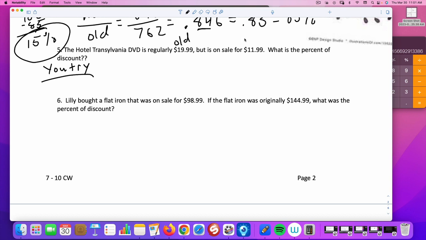I should see your equation, new divided by old, written next to the actual numbers. If you're done with 5, move on to number 6 on your own.